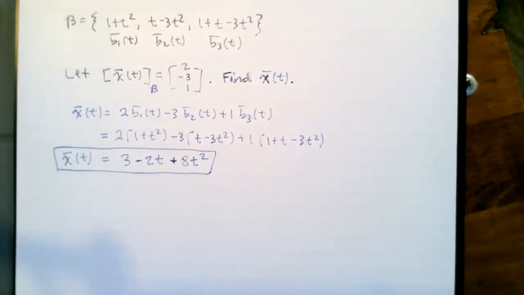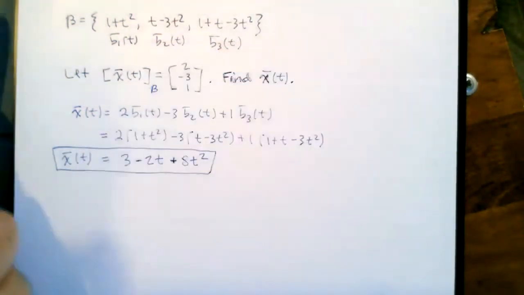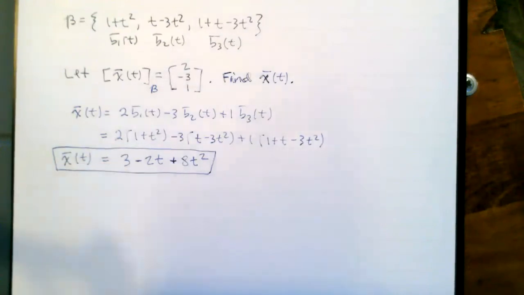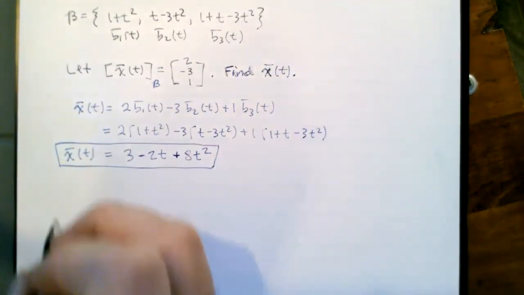So what we want now is kind of a more matrixy version of what's going on. How do the standard coordinates and the B coordinates, how are they related? That is an important question. What's the relationship between the B coordinates and the standard coordinates?